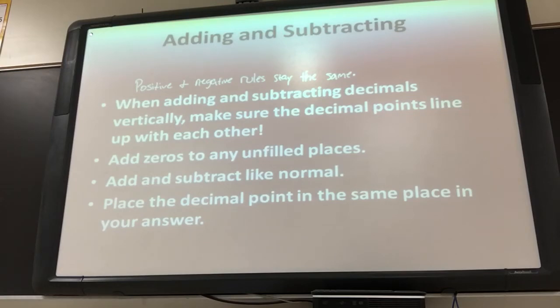And that holds for adding and subtracting as well as multiplying and dividing. So all the rules for positives and negatives are still going to be the same for decimals, and once again, like with fractions, that's really where we go one step further with decimals, is that you're going to be thrown in those different positive and negative questions.